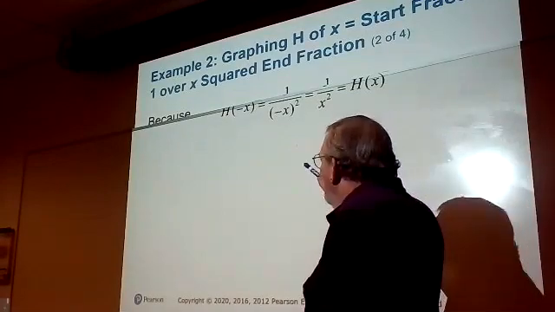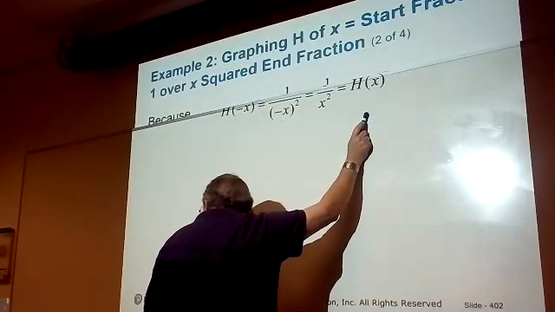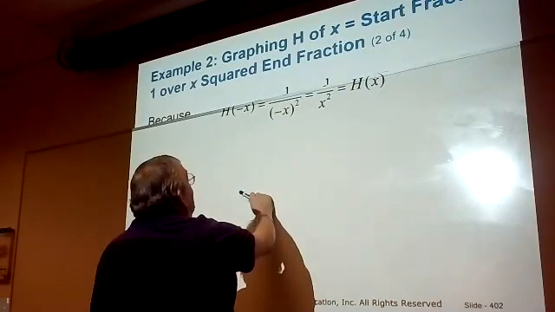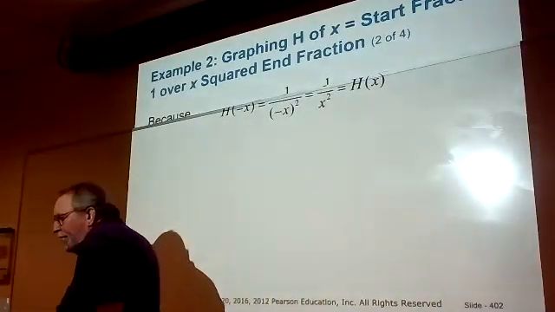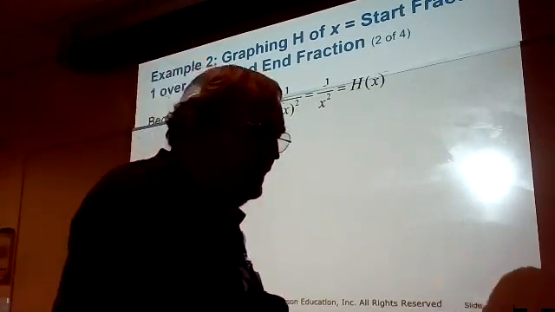Putting negative x in for x, we get h back. So what does that tell you about the function h? You put negative x in for x and you get the function back again. What type of function is it? Just because we covered it and had an exam over it doesn't mean you can forget it.